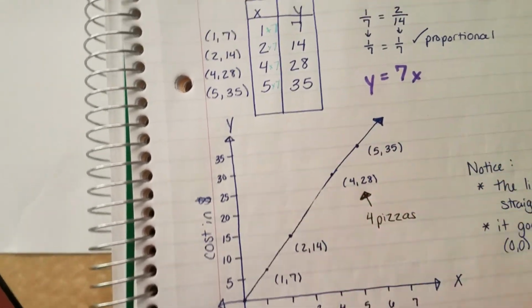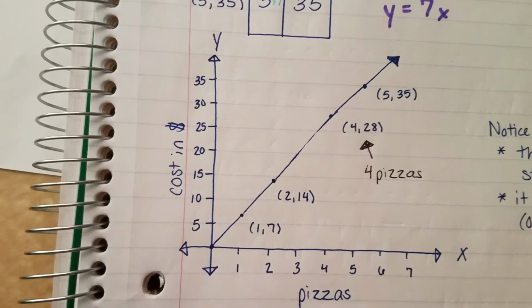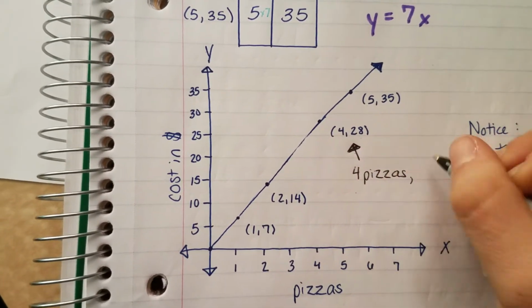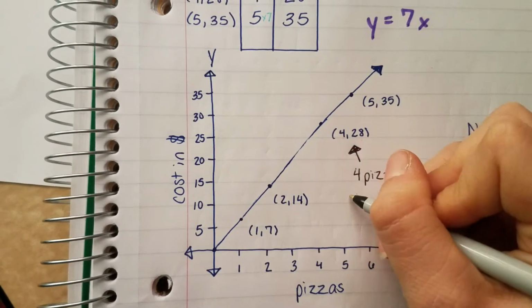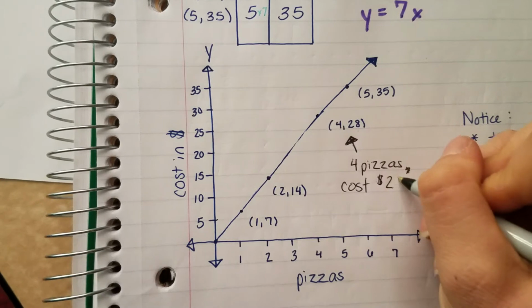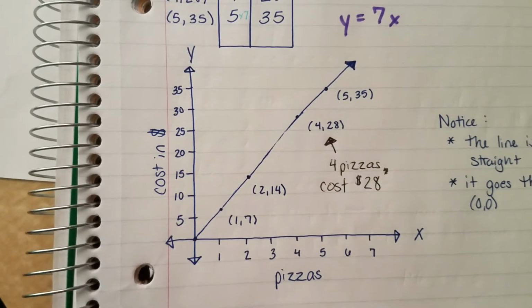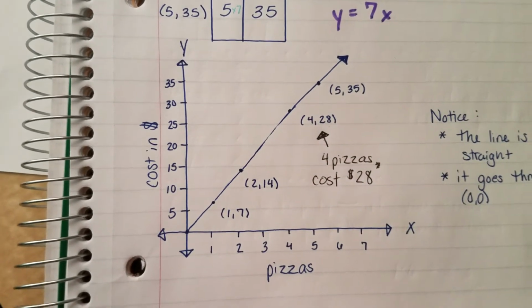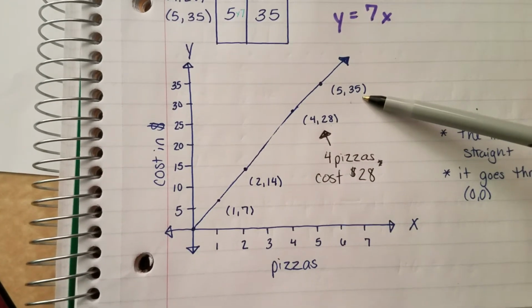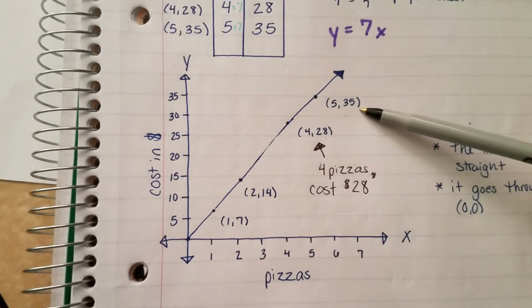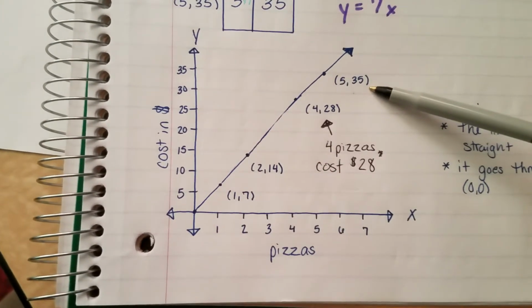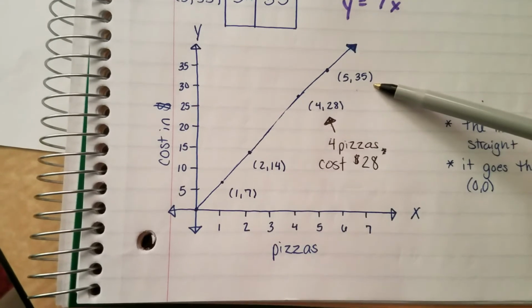So if I were to interpret this point, I would say this means that 4 pizzas, don't worry about that comma, cost $28. That is how I would interpret the point. If I were to interpret this point up here, you don't have to write this one down, but I would say 5 pizzas cost $35. I'm essentially just giving real life meaning to the points on a graph.